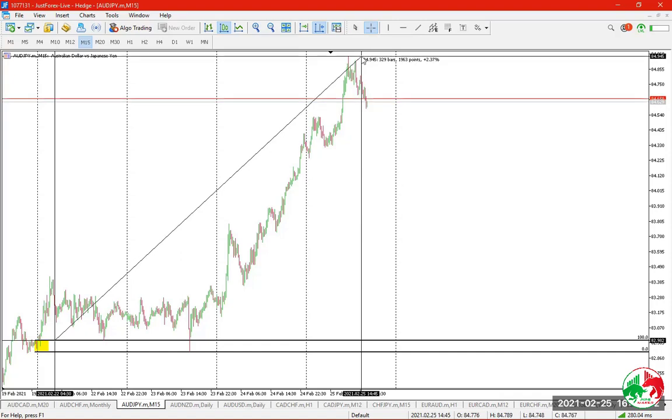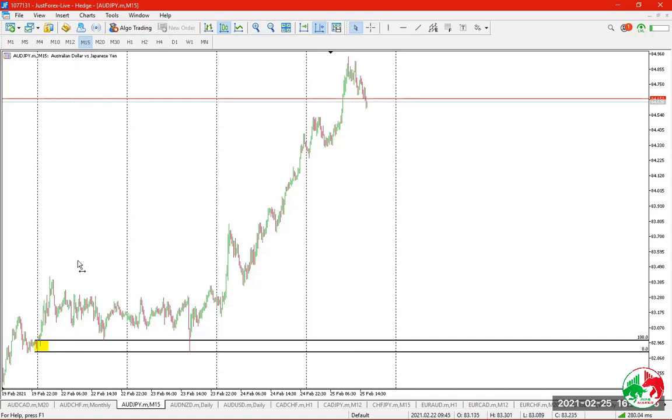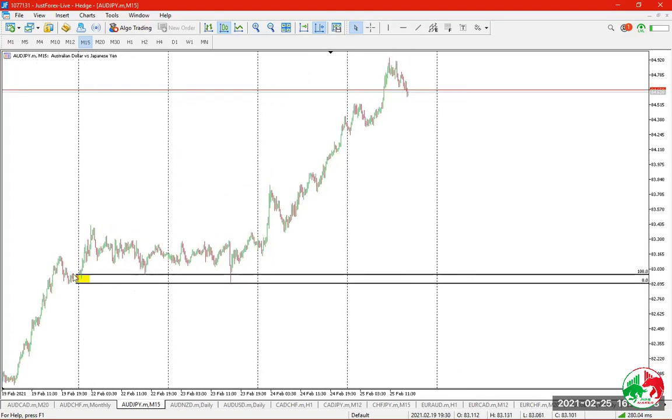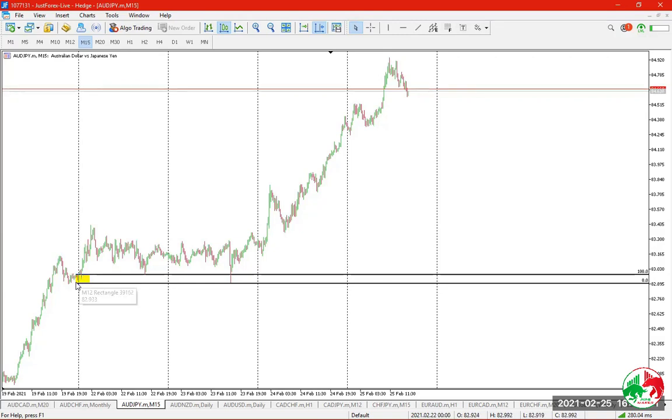So basically, when I say how far away did price leave the level, I'm looking for price to move at least three times the size of the initial buy zone or sell zone.